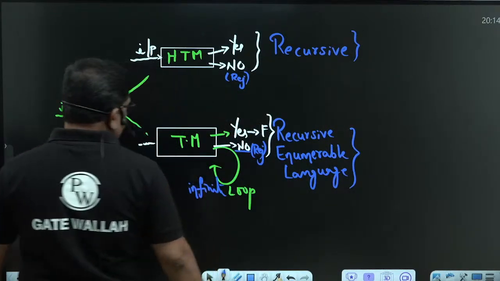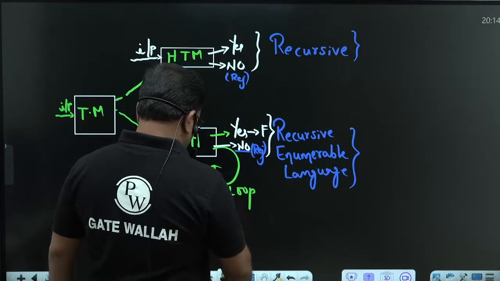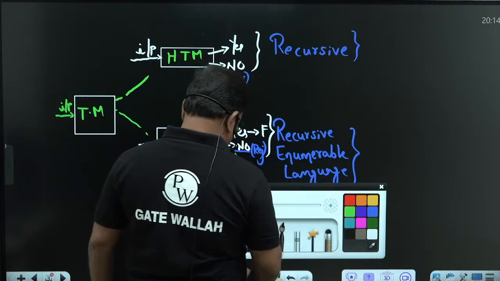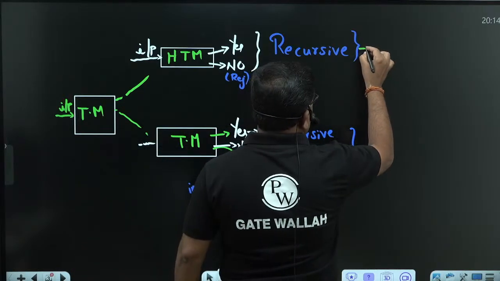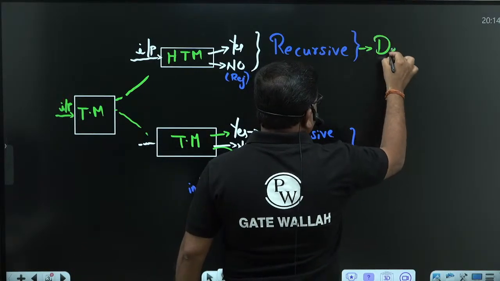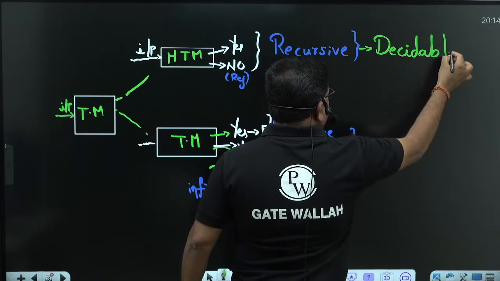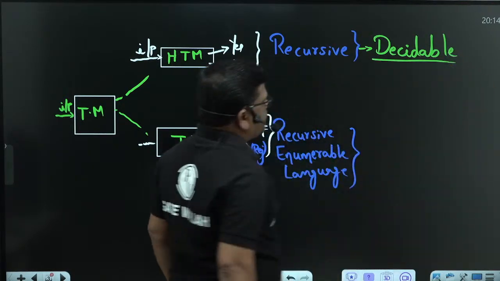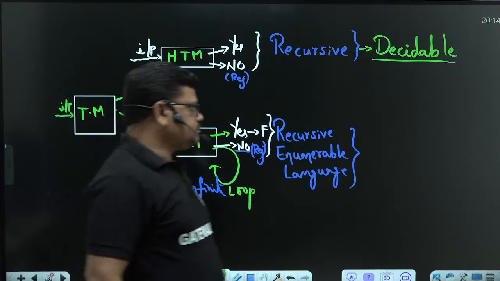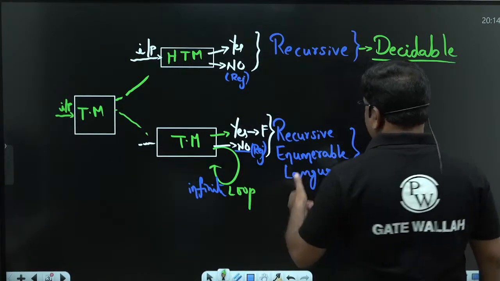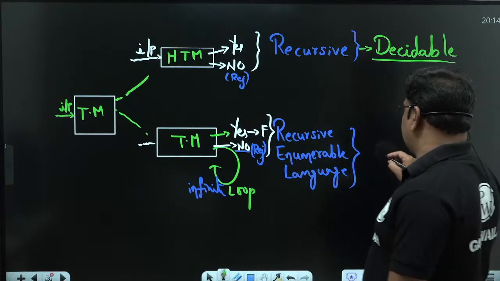Now, whenever a language is recursive, it comes under decidability. We call that decidable. Whenever a language is recursive enumerable, it is not decidable.